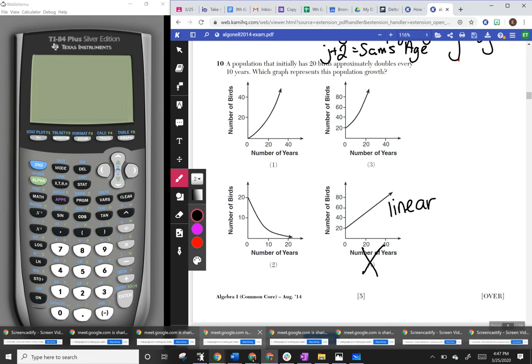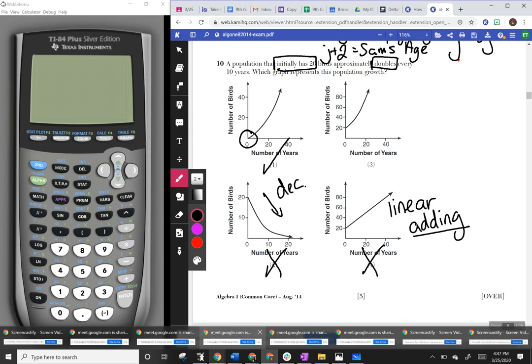Linear is when we're adding, not multiplying, and we know we're multiplying because it's doubling. We can also get rid of graph number 2 very quickly because this is decreasing. If it's doubling, it's going to get bigger. It also says the population has an initial value of 20, meaning it cannot start at 0, so it's not 1. Our answer here is 3.